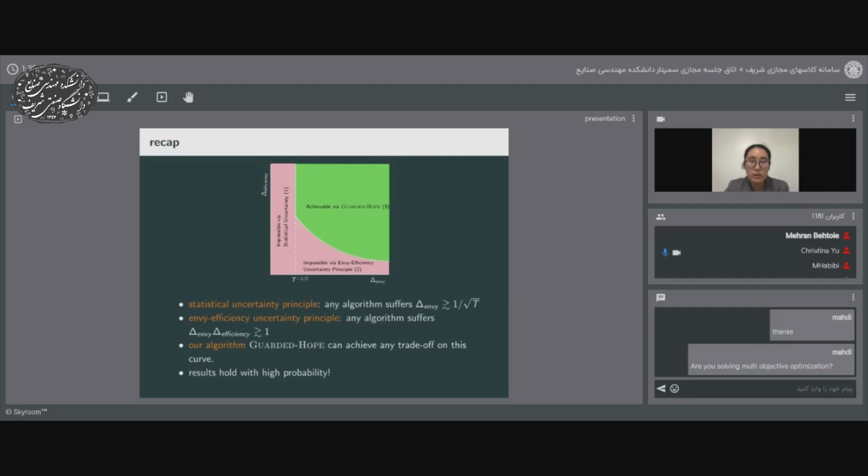And second, the result we show is that delta MV and delta efficiency have to be inversely proportionally related to one another, at least. So that's, again, the two red regions depicted in the plot. And then furthermore, we provide an algorithm that indeed achieves any trade-off along this optimal curve using a very simple algorithm with a very simple analysis.